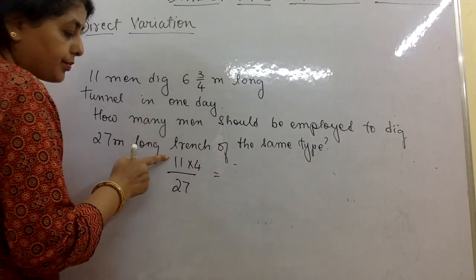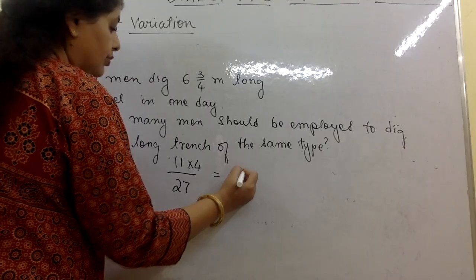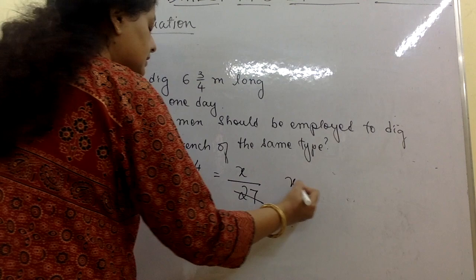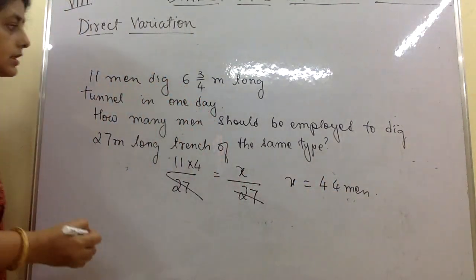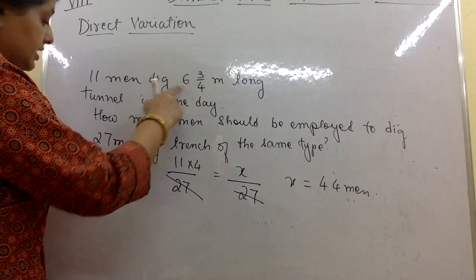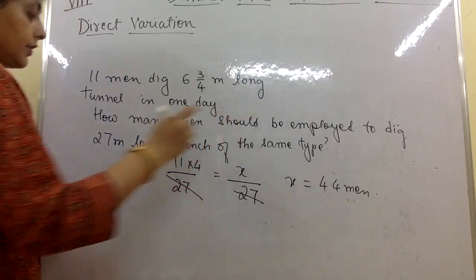So men by tunnel size. Here men, how many men they are asking? X and 27. Cancel this. X is equal to 44 men. Because the tunnel size has also increased from 6 to 27, the number of men has gone up from 11 to 44.